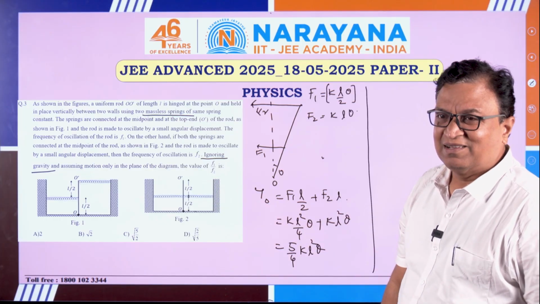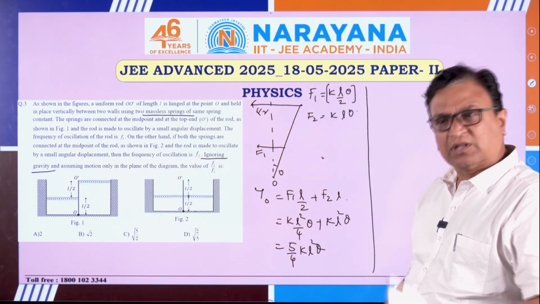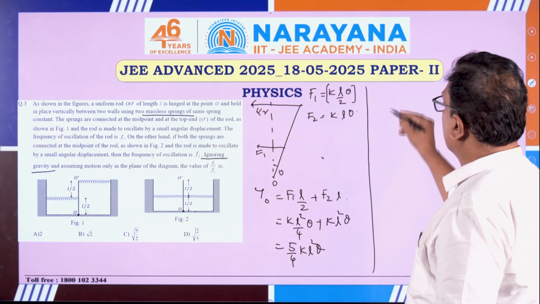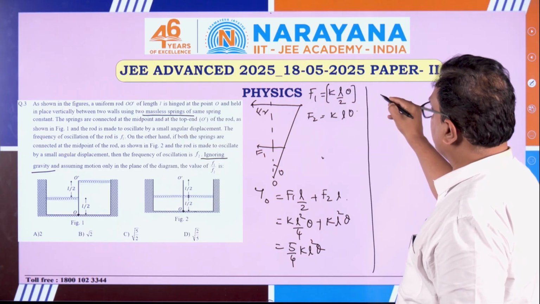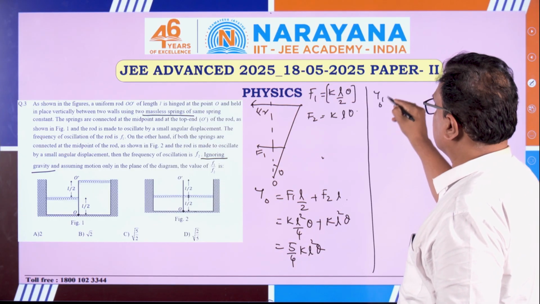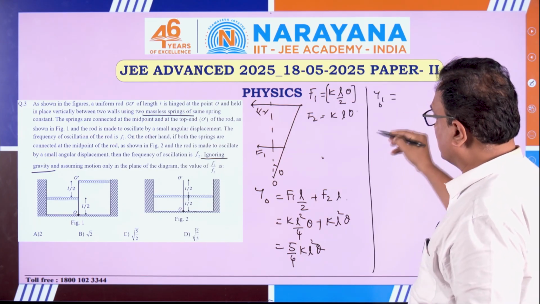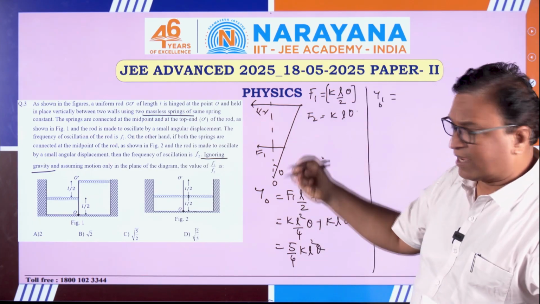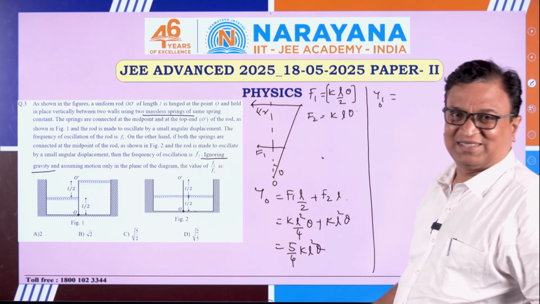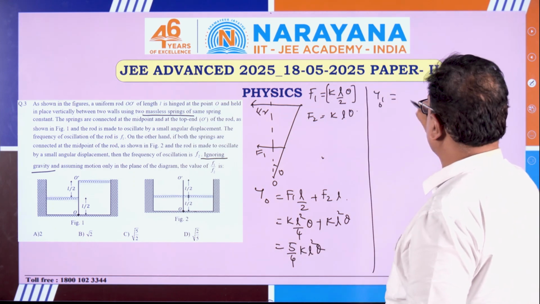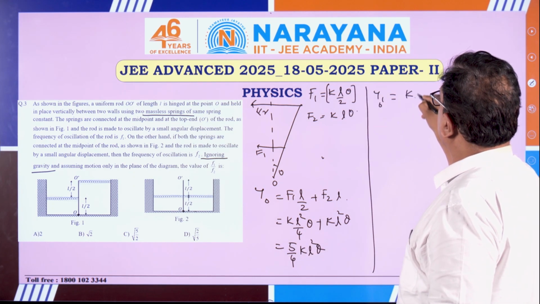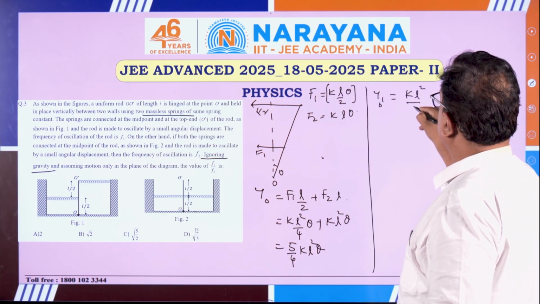Fortunately, in this set, elongation and compression both are same. So therefore, in the next case, tau O dash, both forces are almost the same into 2 times. So what you will have is K L square by 2 theta.